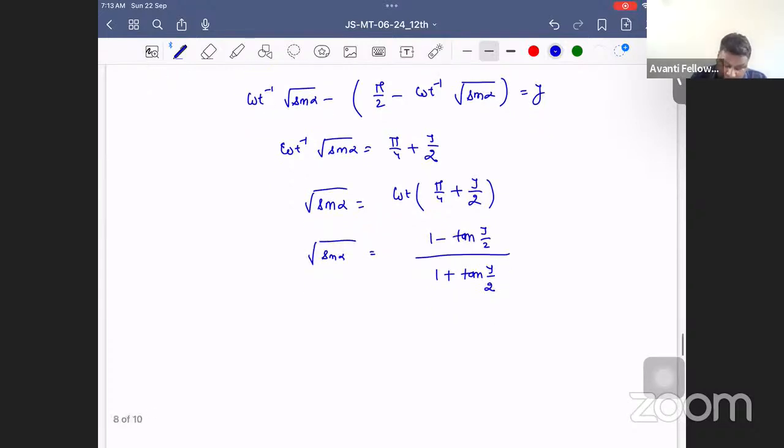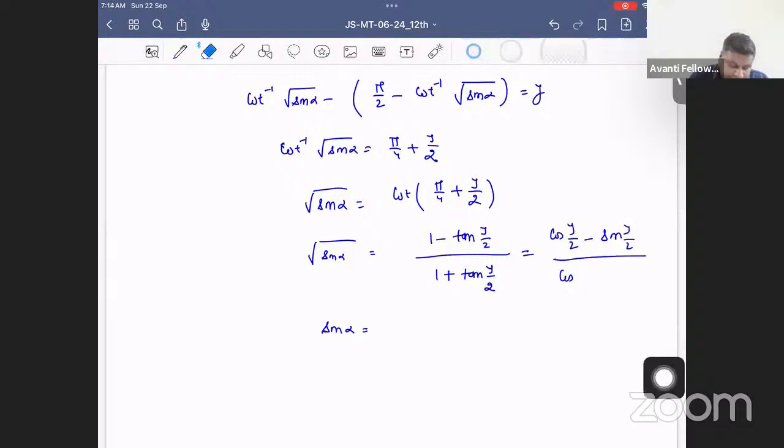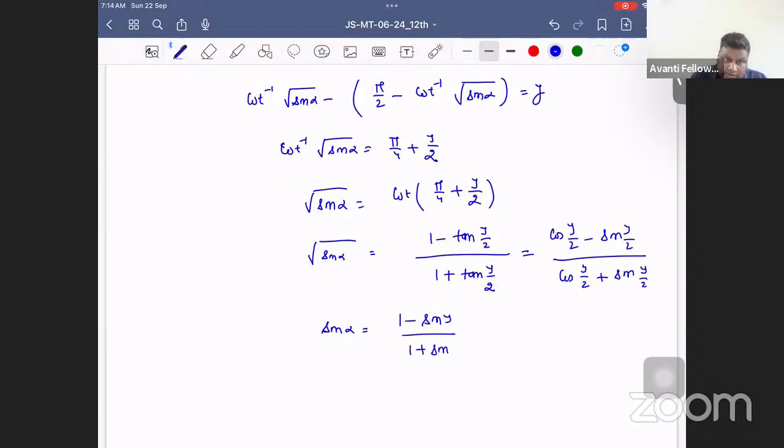Before squaring both sides, we can write it like cos alpha by 2 minus sine alpha by 2 upon cos y by 2 plus sine y by 2. Now, if you square both sides, it will be 1 minus sine y upon 1 plus sine y.